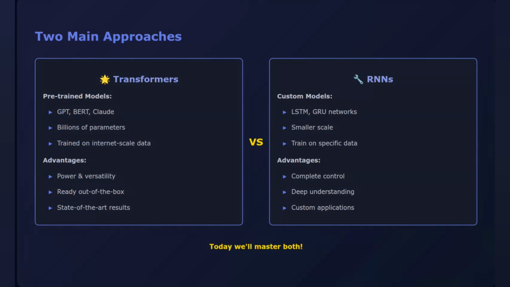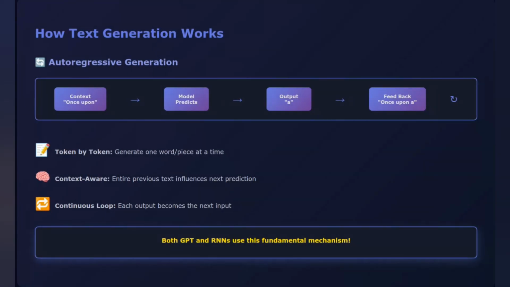These are smaller, more focused, and you can train them yourself on specific datasets. The transformer approach gives you power and versatility right out of the box. The RNN approach gives you complete control and understanding of how everything works. Today, we'll cover both.